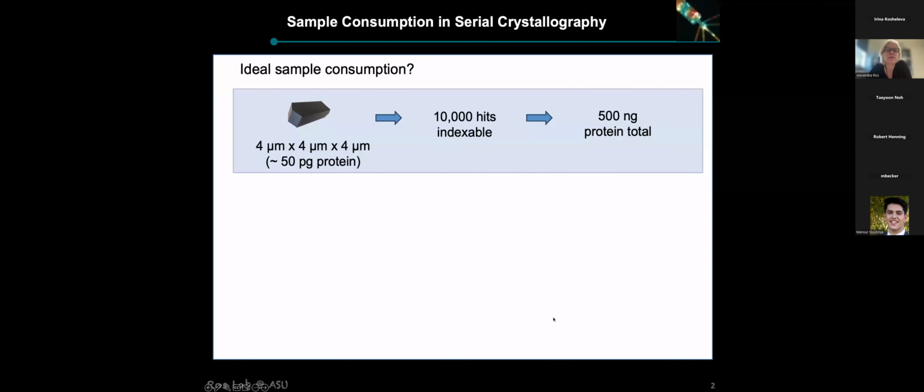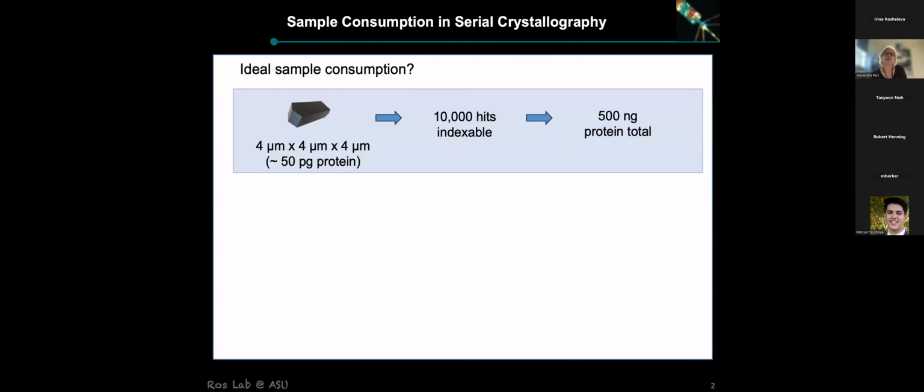So I wanted to start this presentation with a short discussion about sample consumption in crystallography. And we can hypothesize about what would be an ideal sample consumption. So let's assume we have a microcrystal of 4 by 4 by 4 micrometers and a smallish protein in the range of a few tens of kilodalton, then that would amount to about 50 picogram of protein.